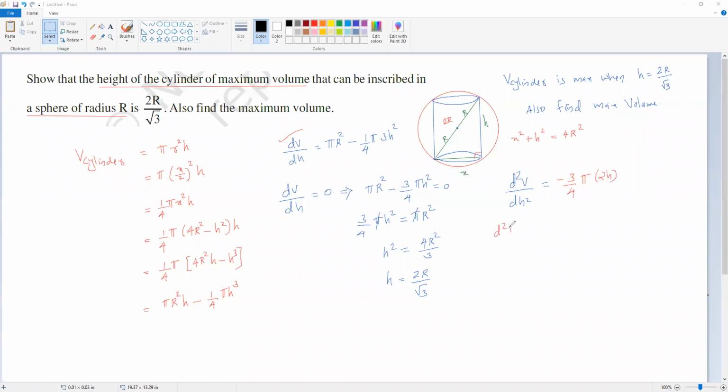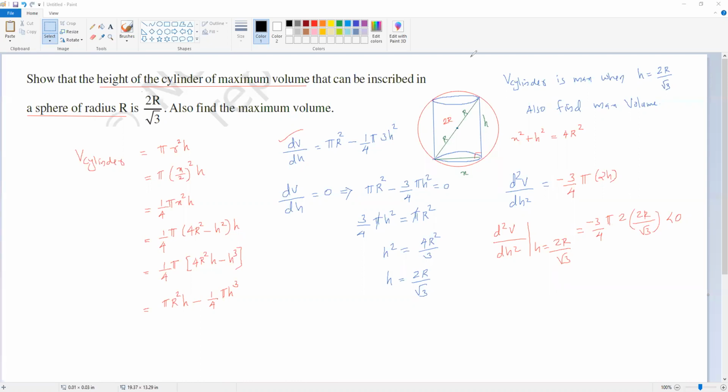Now d square v by dh square at h is equal to 2r by root 3 is minus 3 by 4 pi into 2 into 2r by root 3. So it is less than 0 क्योंकि माइनस से मल्टीप्लाई करें बाकी सब पॉजिटिव है.